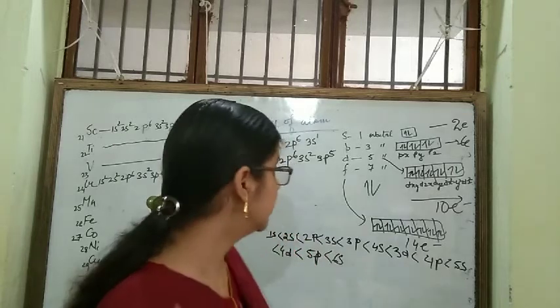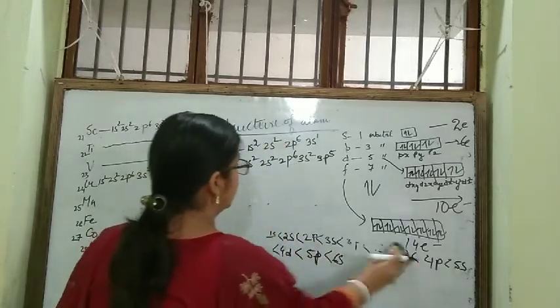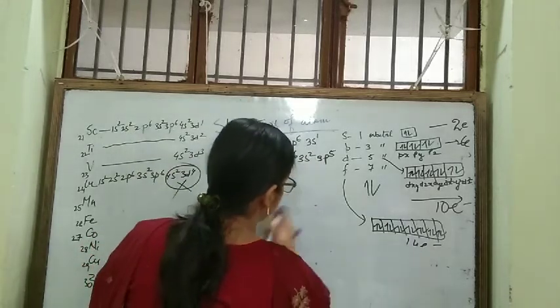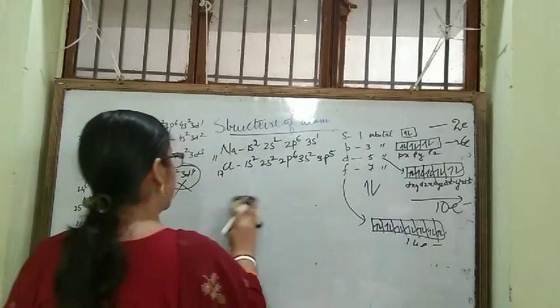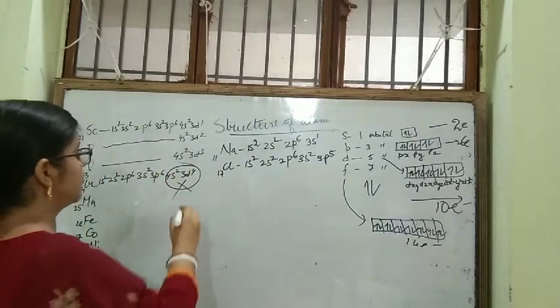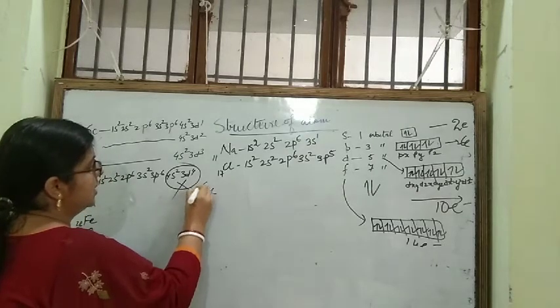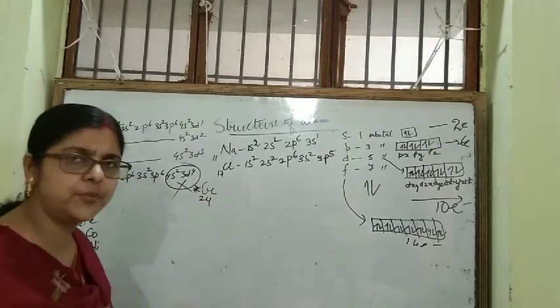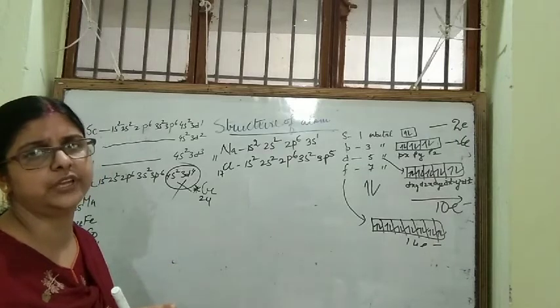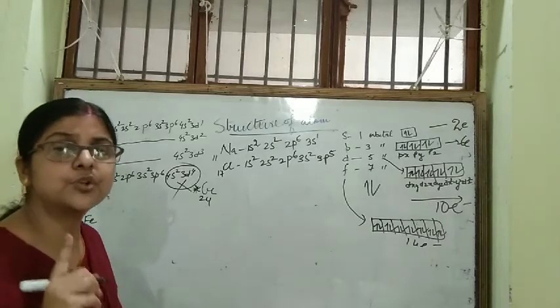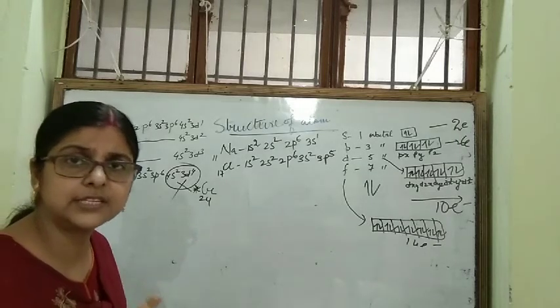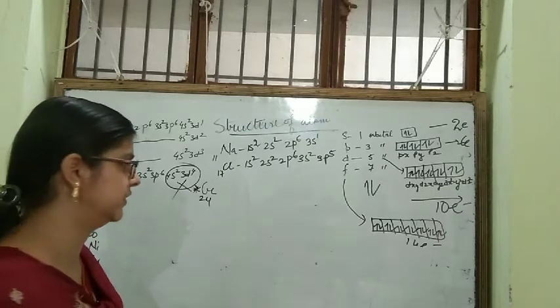Now, we are raising a question: why is this wrong and what should be the electronic configuration of chromium 24? Yes, it is also very important to remember the electronic configuration of chromium and the reason why it is having such electronic configuration.